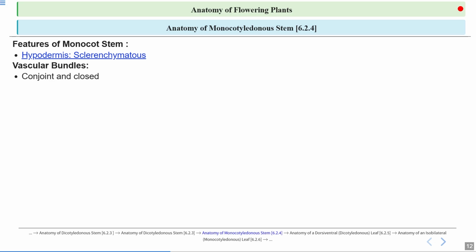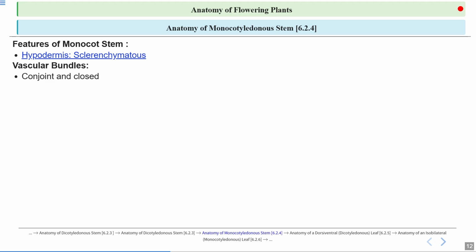See the vascular bundle, conjoint and closed. In the case of dicot stem, they are having the open type of vascular bundle. But here they are closed. Closed means they do not have cambium layer.